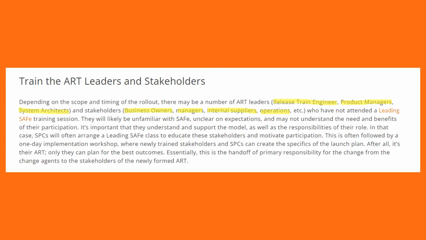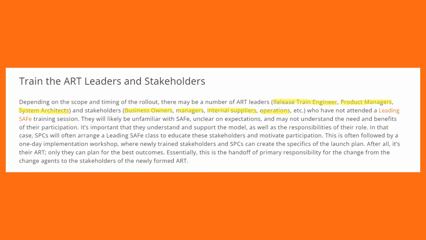The third activity is train the ART leaders and stakeholders. Depending on the scope and timing of the rollout, there may be a number of ART leaders like release train engineer, product managers, and system architects. The stakeholders could be business owners, managers, internal suppliers, operations, etc. Right?